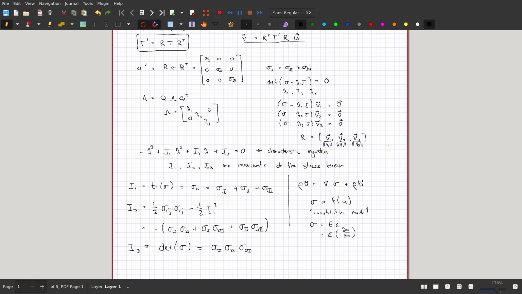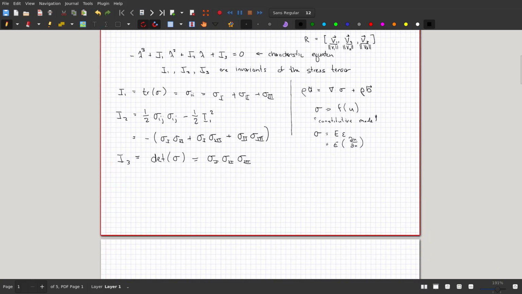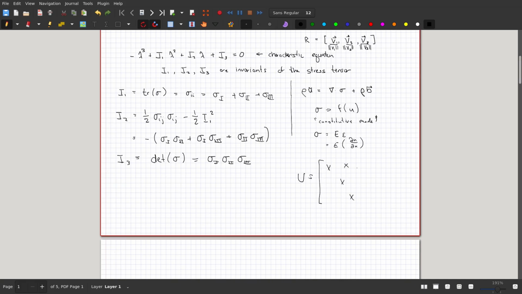But the same rule applies, in fact, to any upper or lower triangular matrices. If you have a matrix U that's upper triangular, that means it has entries on the diagonal and above it, but zeros below.